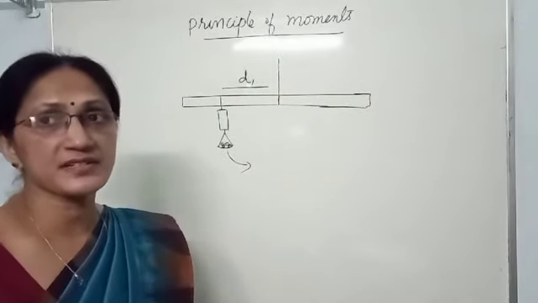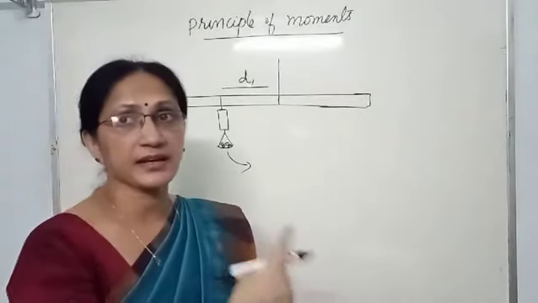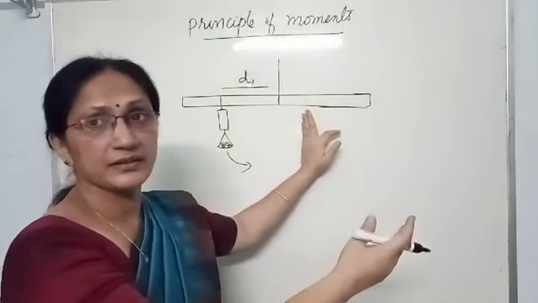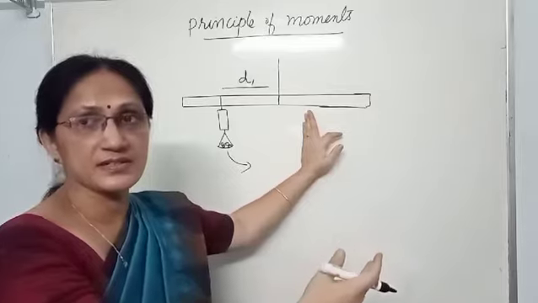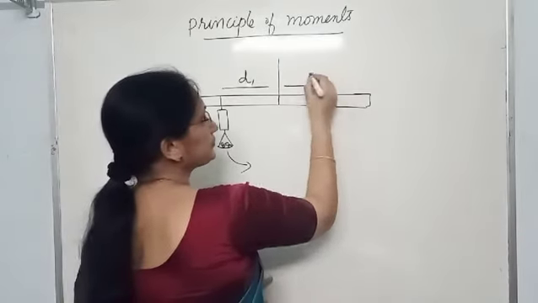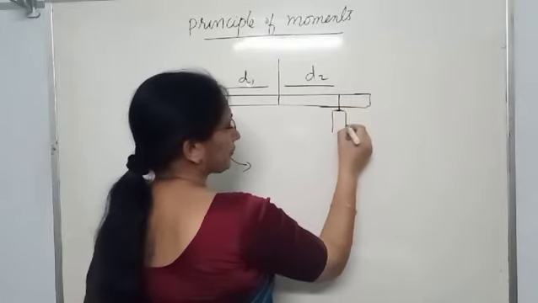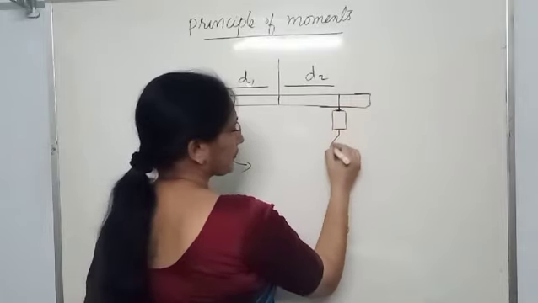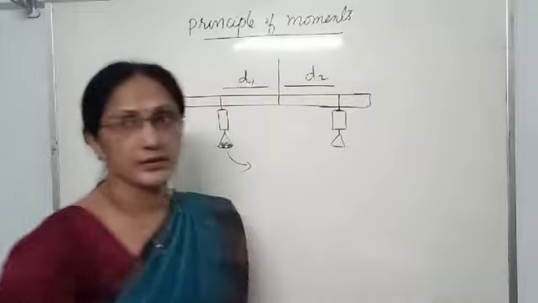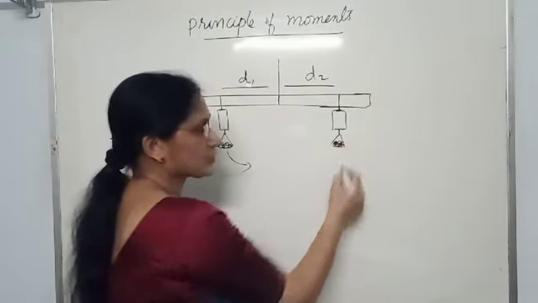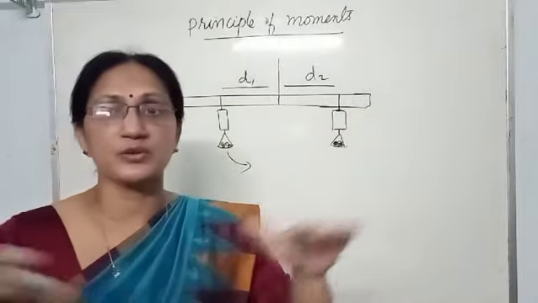Now as the next step, attach the second spring balance on the right side at a certain distance d2 and keep some weights in it so that the scale remains horizontal.